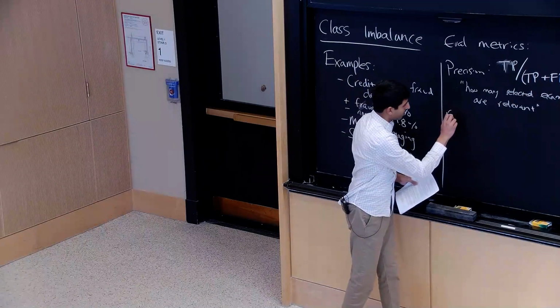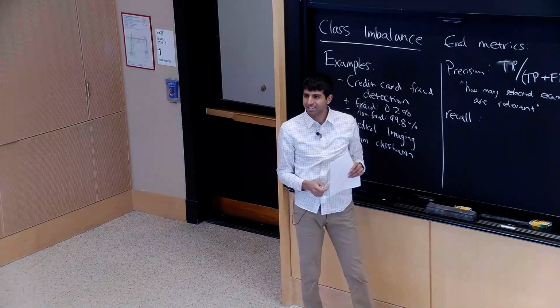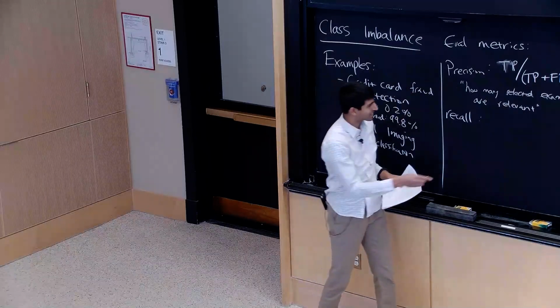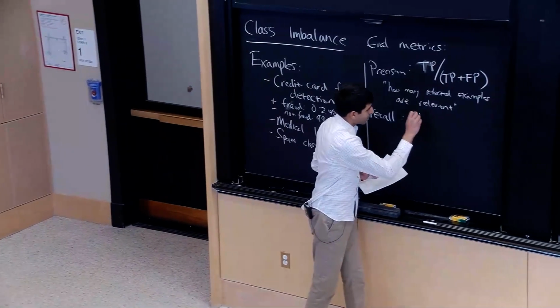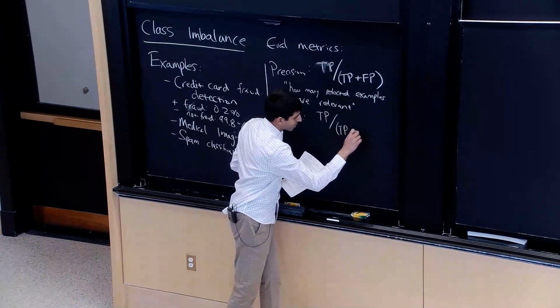There's another metric that's commonly used called recall. Does anybody know what this one is? Closely related to this one. You could probably guess. But this one is the number of true positives divided by the number of true positives plus false negatives.